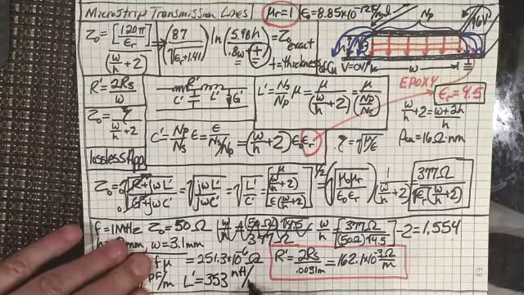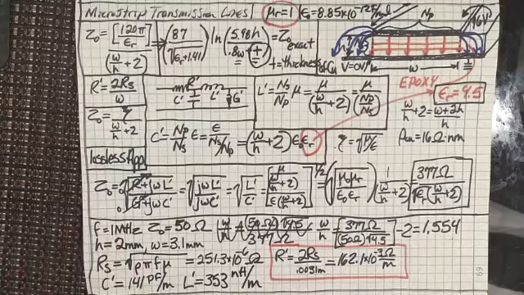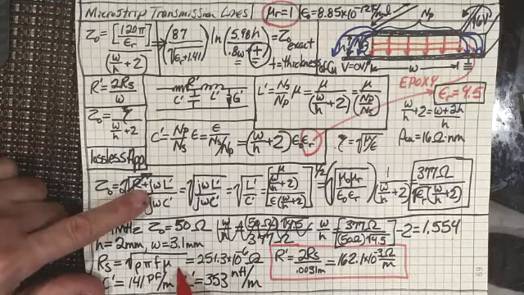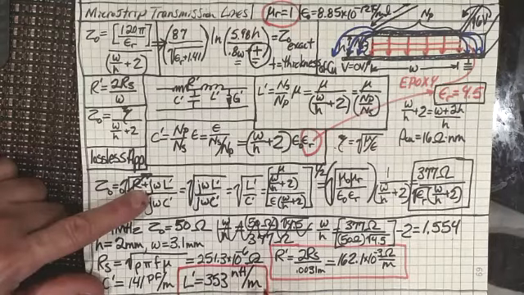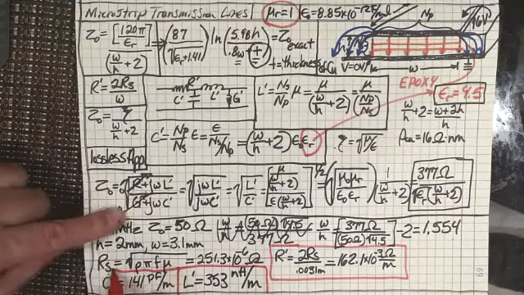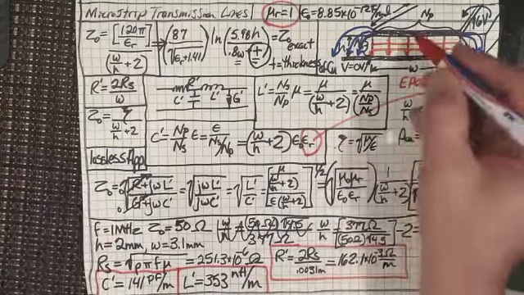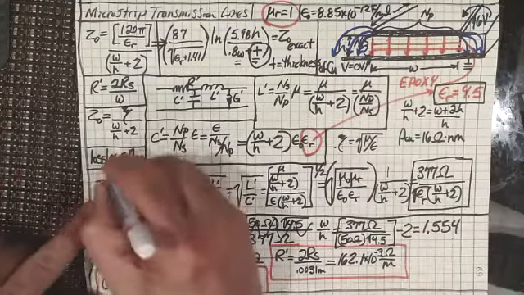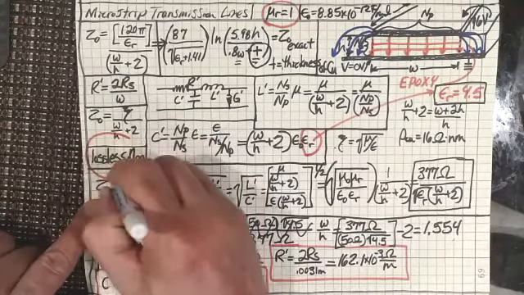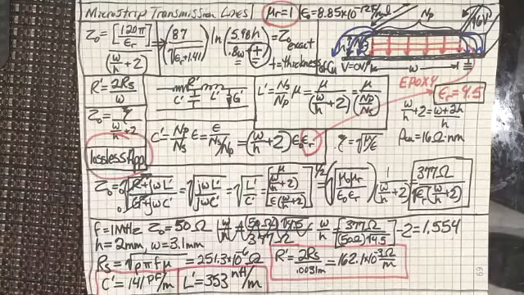nanohenries per meter. And I'm going to finish this up in our next lecture by looking at what the propagation constant would be and why I can say a lossless approximation is not a problem. In fact, I want to point that out to you.